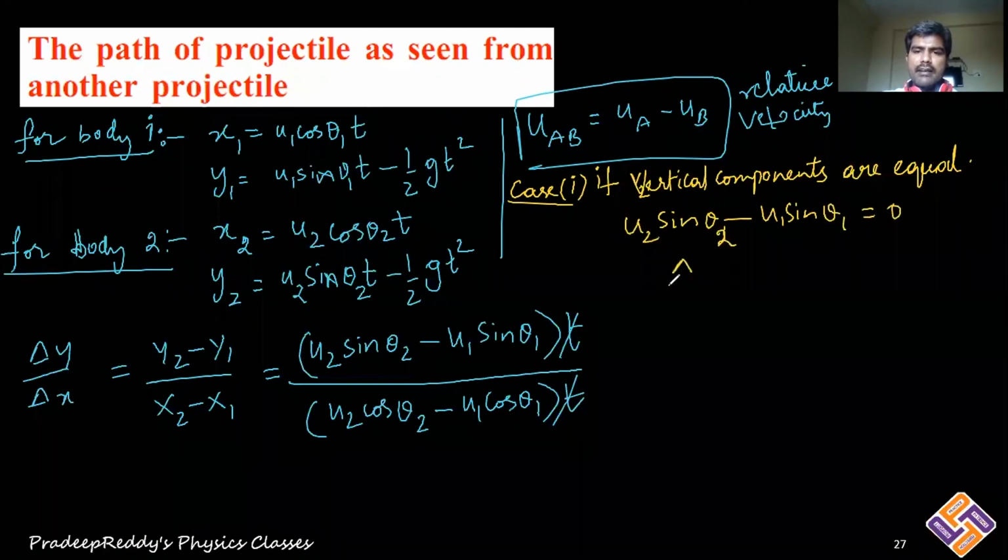Therefore, delta y by delta x is equal to 0. That is, the slope is equal to 0. In such a case, you will be getting a straight line with delta y equal to 0, a horizontal straight line. So if the initial vertical components of the bodies are equal, the numerator becomes 0, and you will be getting a horizontal straight line. That is case 1. Now let us see case 2.